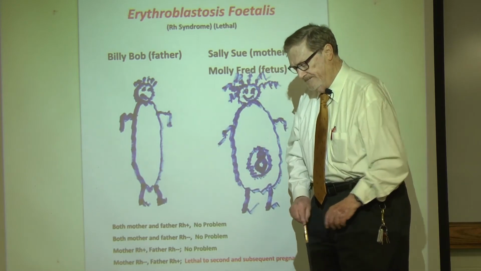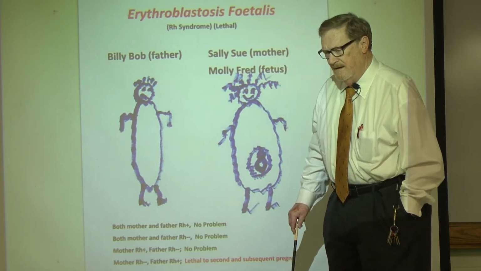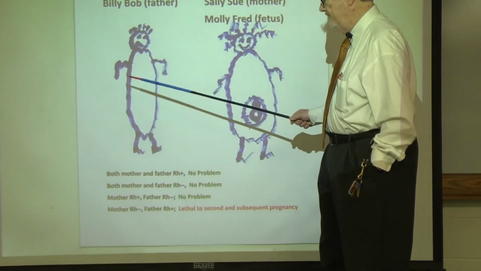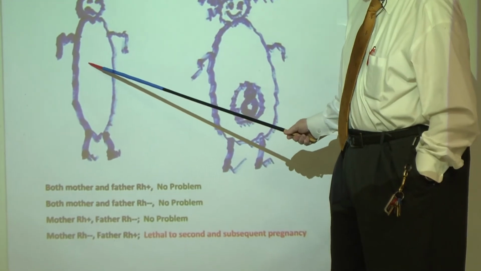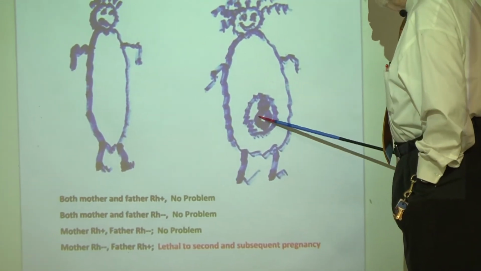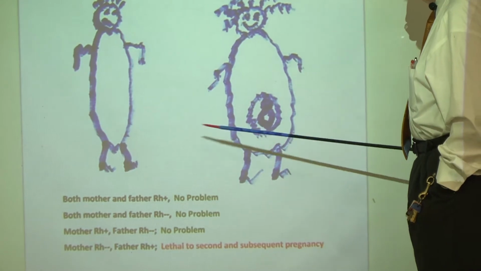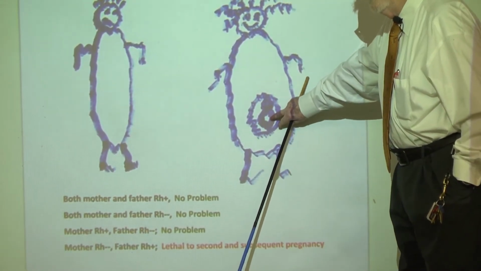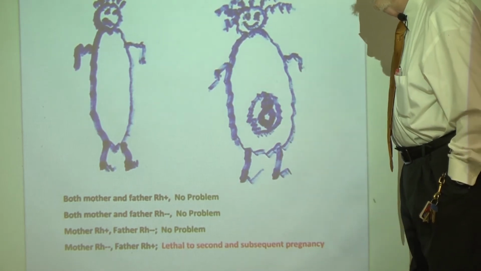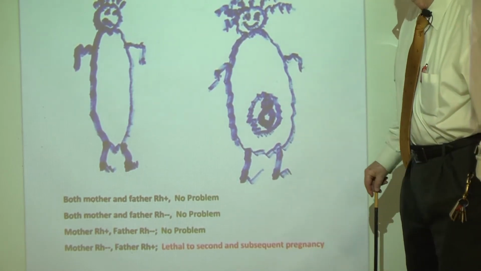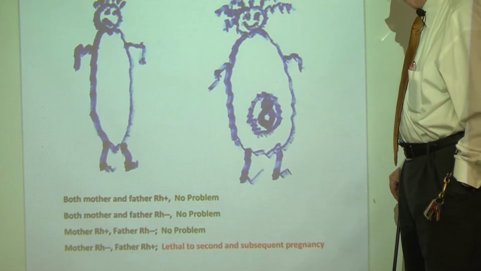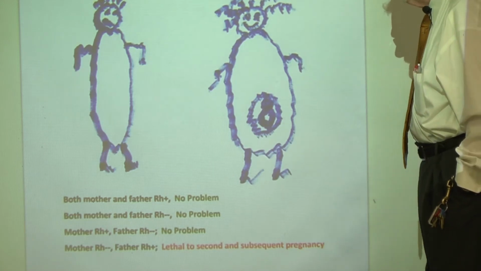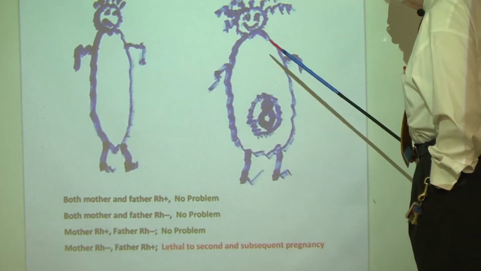Well, it turns out that you got a problem. If Papa is Rh positive and he gives the gene to Mama in his sperm that combines with her egg to form Molly Fred, right here, Molly Fred may be Rh positive, have Rh positive blood. Type A positive or B positive or AB positive, but he'll have positive if the gene came from Papa to Mama.